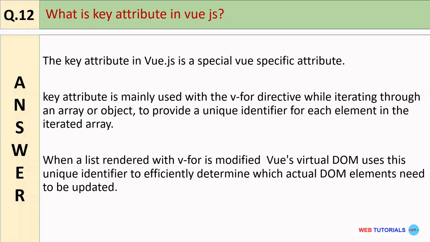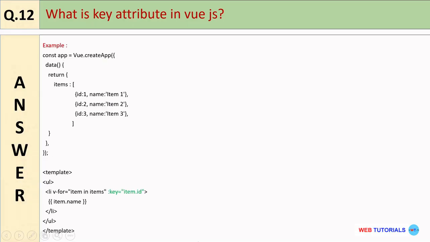When a list rendered with v-for is modified, Vue's virtual DOM uses this unique identifier to efficiently determine which actual DOM elements need to be updated. In the example provided, you can see how to use key attribute in conjunction with v-for to assign a unique identifier for each element in the array iterated.